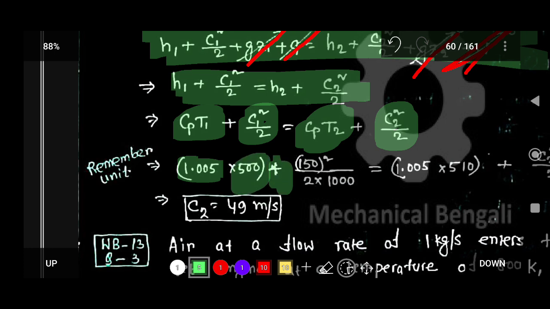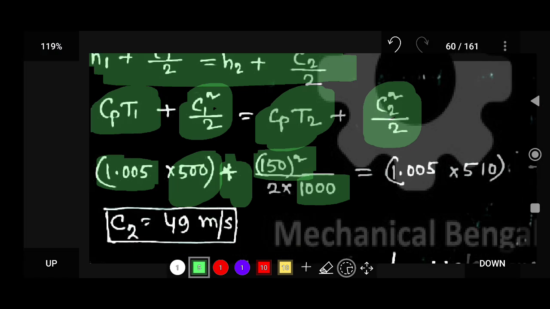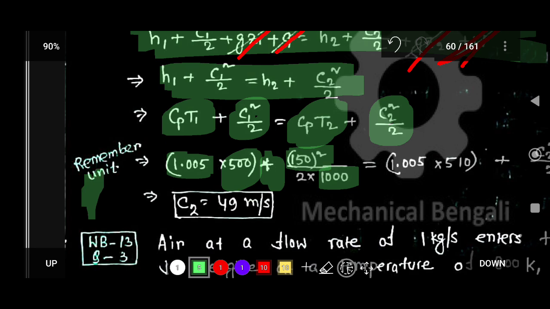plus C1, the initial velocity, 150 square by 2 into 1000. Why is it 1000? You have to convert this into kilo, so that is why it is divided by 1000. Just remember this unit, that is very, very important. If it is kilo, you must divide into kilo.